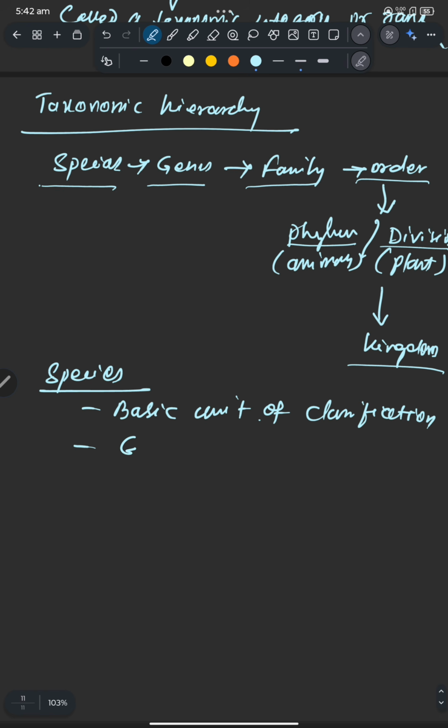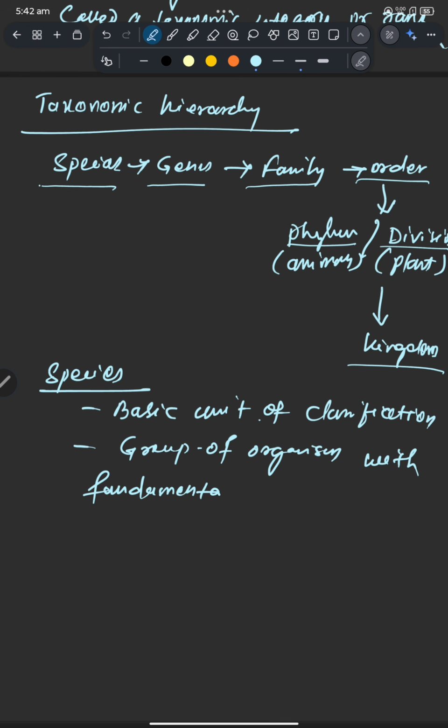The species are the group of organisms with fundamental similarities. Fundamental similarities means the basic similarities. That means the members of a species very closely resemble each other.